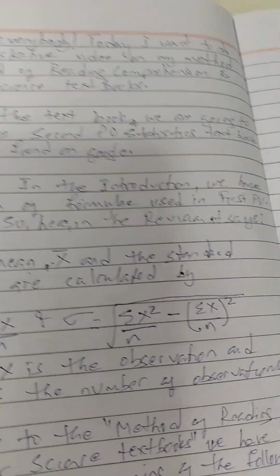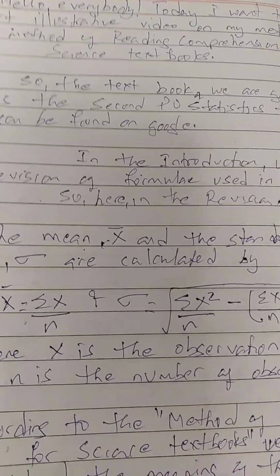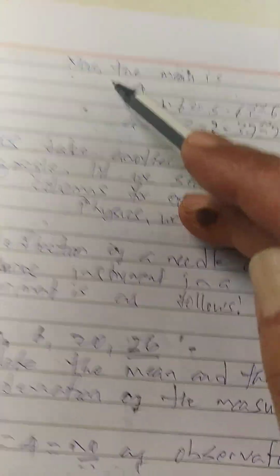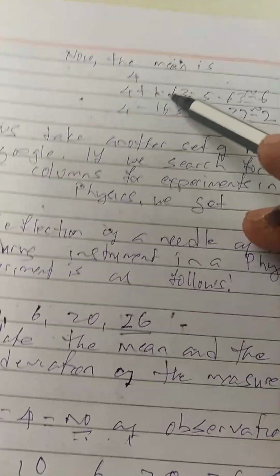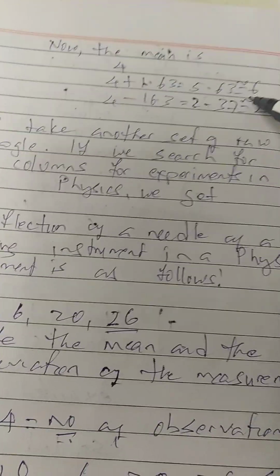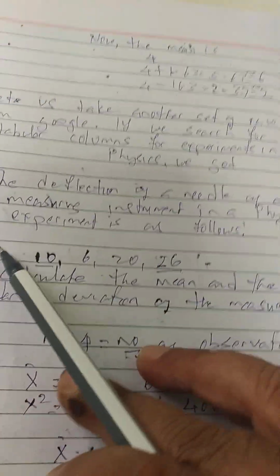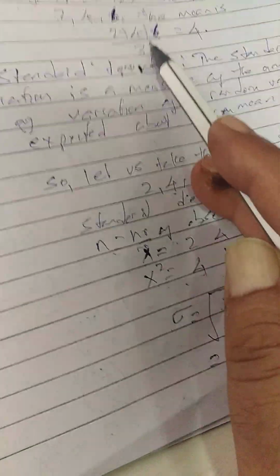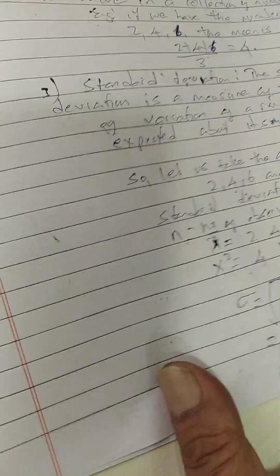1.63. Now, what does that mean? Standard deviation is 1.63. Okay. Now, the mean is 4. 4 plus 1.63 is approximately equal to 5.6, which is about 6. Right? So 6 is the highest value of the observed data.